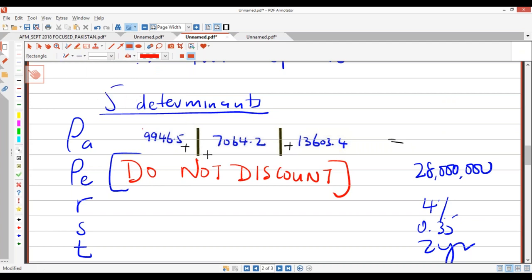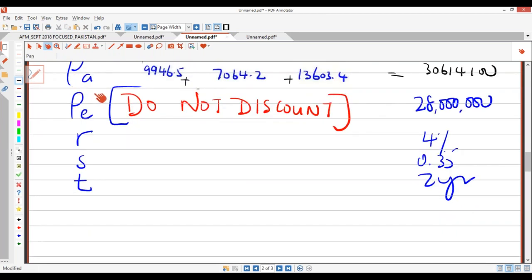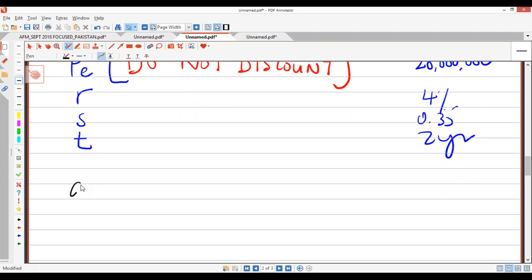Let's do some cleanup. Okay, now that's good. So this is going to be 36,14100. And that's your PA. Then you have to do d1. d1, I trust you know how to do the formula.